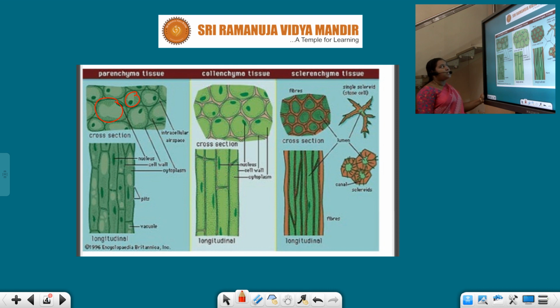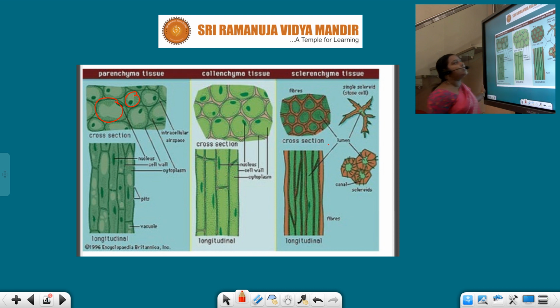A thin cell wall is present in the parenchyma. When we come to the collenchyma, cells are tightly arranged, so no intercellular spaces are present. The primary wall is thick, especially at the corners.